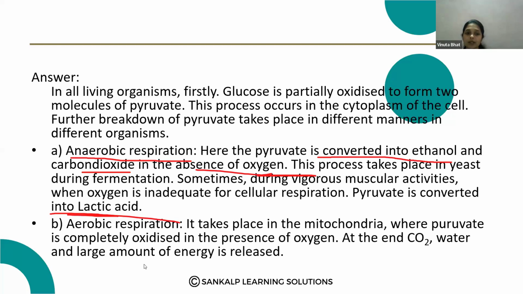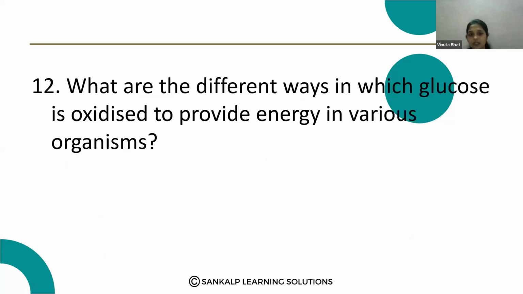Aerobic respiration takes place in the mitochondria, where the pyruvate is completely oxidized in the presence of oxygen to form carbon dioxide and water, and a large amount of energy is released. So these are the different ways glucose is oxidized to provide energy for various organisms.